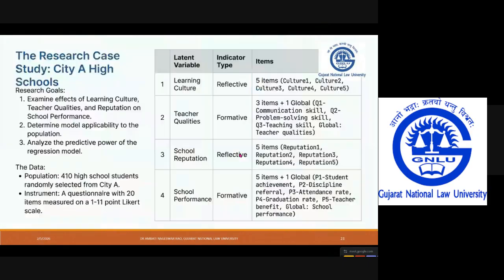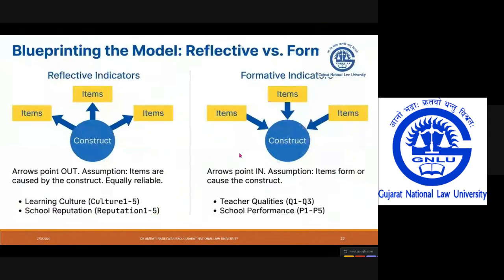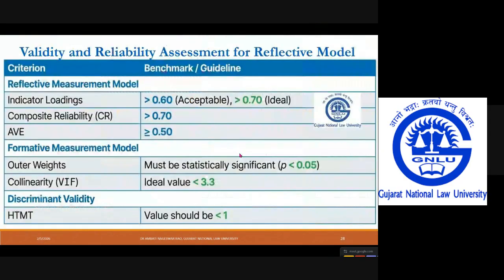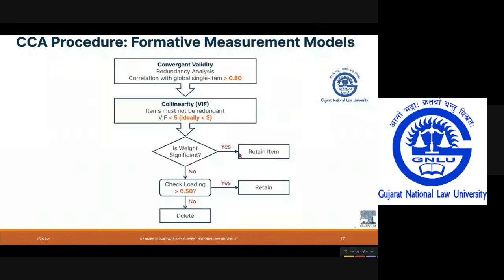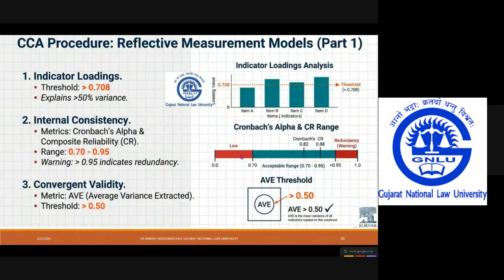We have this scale here. Now, when it comes to the measurement model, I need to follow CCA. Now here, as a part of the measurement model, I'm going to look at the internal validity and reliability of the scale. These are some of the threshold values.